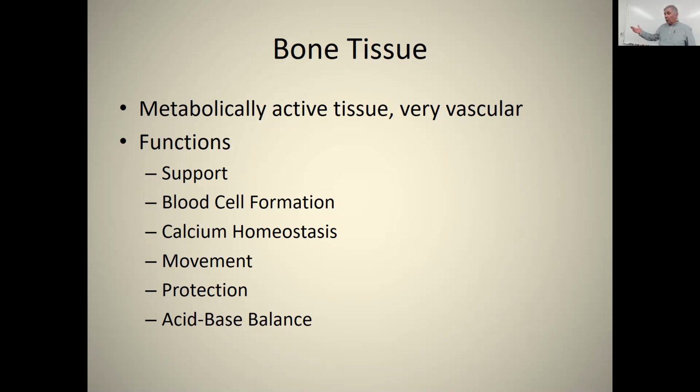Movement, it allows movement, right? Muscles are attached to the bone, and we can move these parts of the skeleton with muscles. Protection, it protects vital organs. We have the sternum and ribs that protect lungs and heart, and the cranium protects your brain.